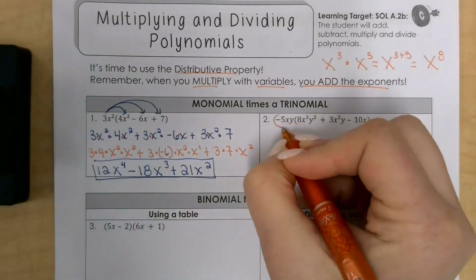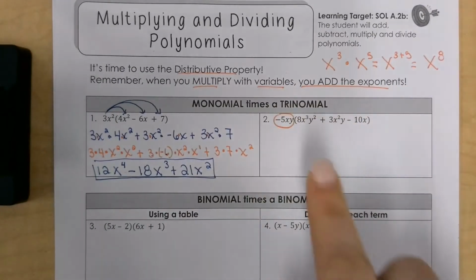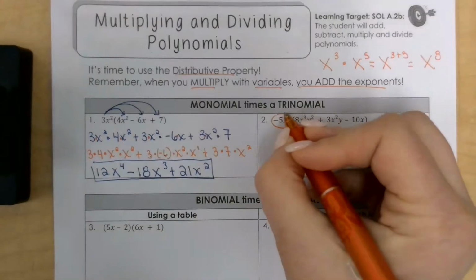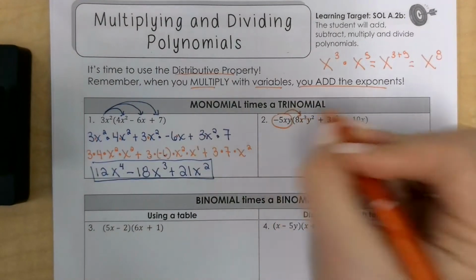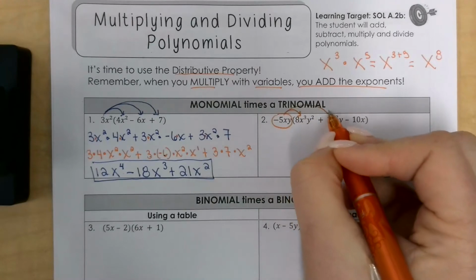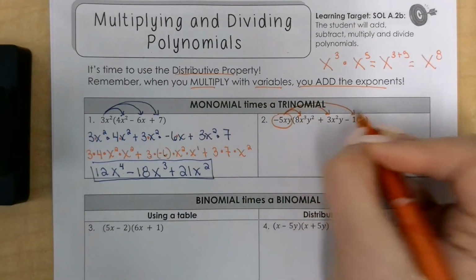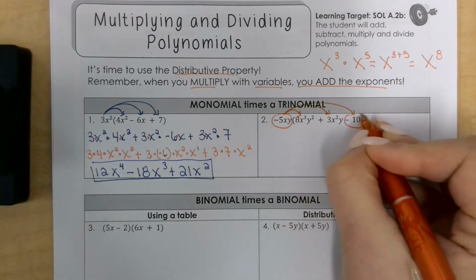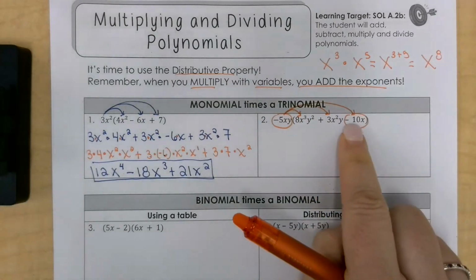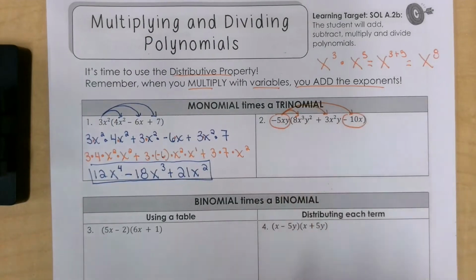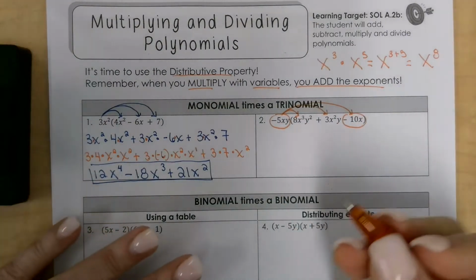So here I've got negative 5xy. I do have to be careful when I'm distributing a negative. Not so much with my 8, because that's positive, and not so much with my 3x squared y, because that's positive. But here I'm going to circle it, because I'm going to recognize this is going to be a negative times a negative, which results in a positive. Here we go.